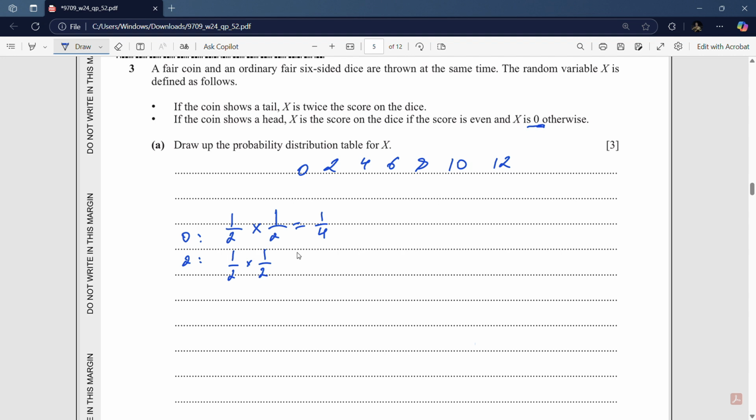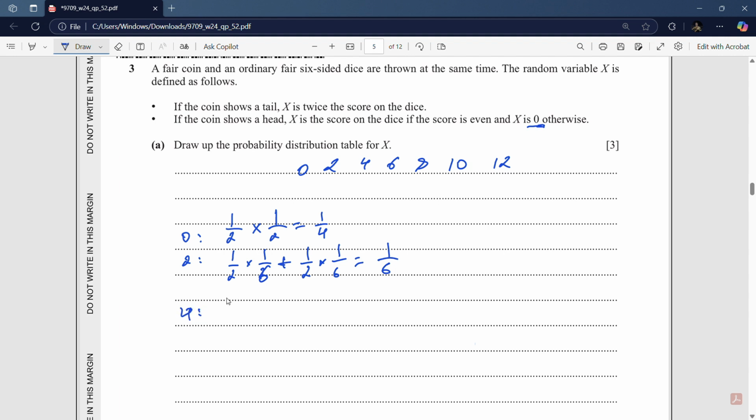So it's multiplied by 2, and then we get 2, or it should show a head, and we should get 2 from the dice. So it's 1 over 6. So here it should be 1 over 6.